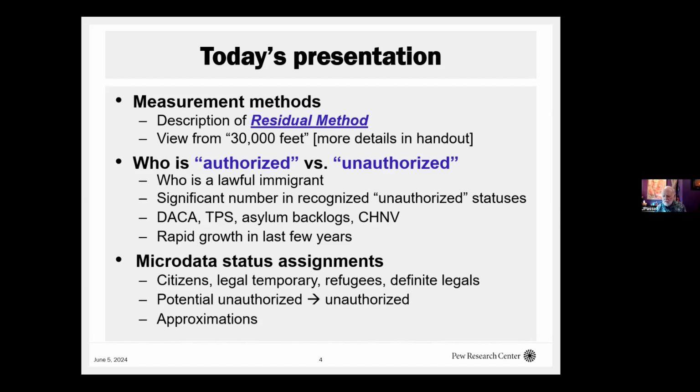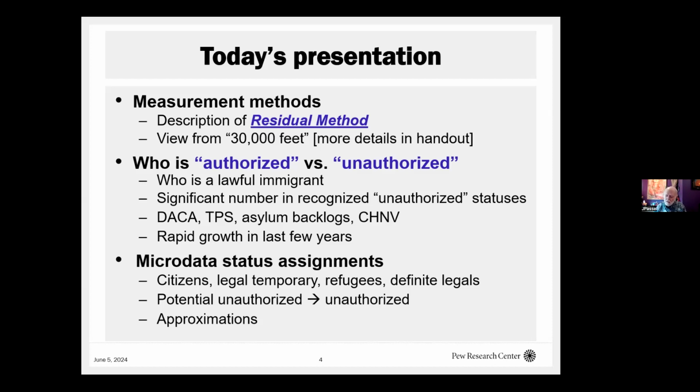Some of these acronyms may be familiar: DACA, TPS, people in asylum backlogs. These numbers have grown substantially in recent years, and some of the data I'm going to talk about for the future shows they're growing even more.